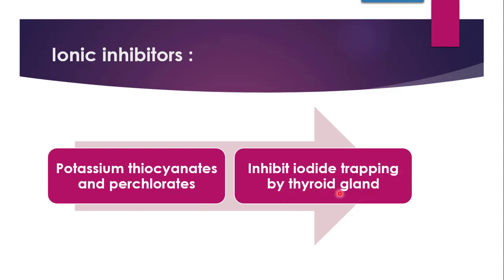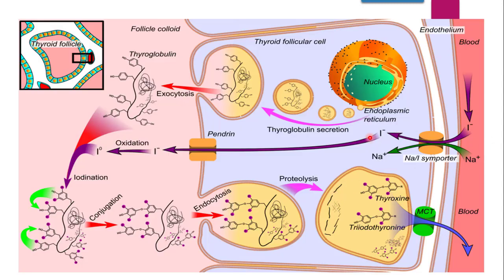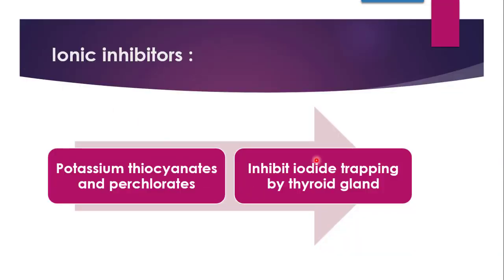Now iodide trapping occurs at this stage by sodium iodide importers, and this iodide gets trapped inside the thyroid follicle and through the pendrin channel comes to the colloid region of the lumen of the thyroid follicle. So this iodide trapping done by the thyroid follicular cell will get inhibited. So this class acts by inhibiting the iodide trapping, and they are also called ionic inhibitors.